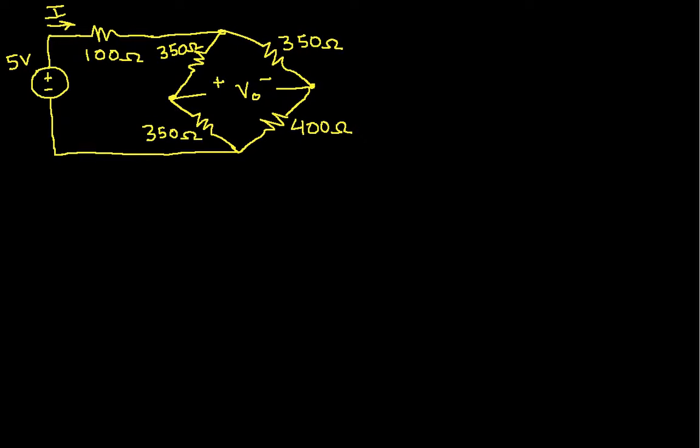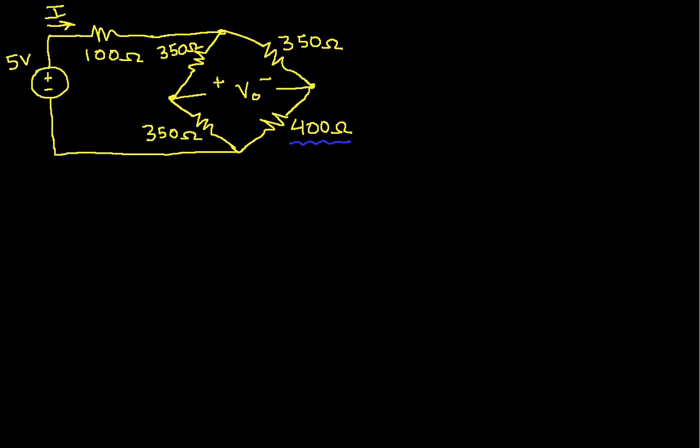The idea here is that this 400 ohm resistor represents the sensor whose resistance changes according to the value that I want to measure. We'll assume that this is a sensor that has a nominal resistance of 350 ohms, but because it's sensing something right now, that resistance is changed to 400 ohms.